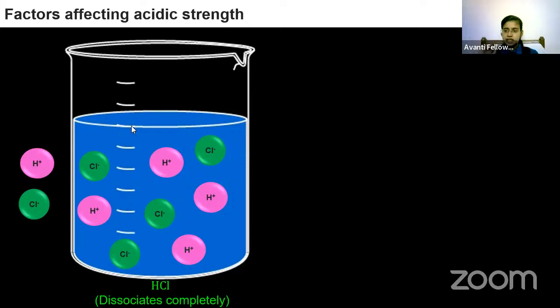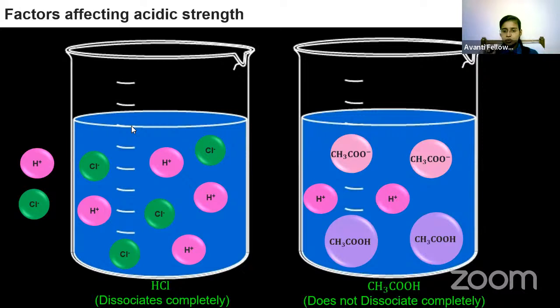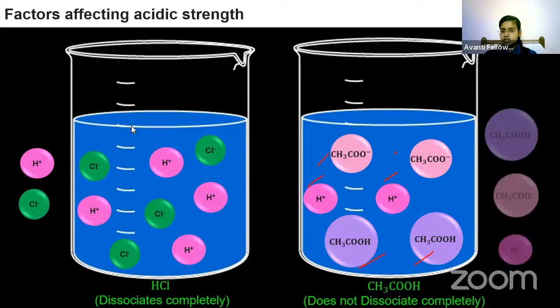If I go for weak acid, CH3COOH, this does not dissociate completely. You can see only very few molecules have dissociated and the other acetic acid has not dissociated properly. So we have 3 species in the substance.